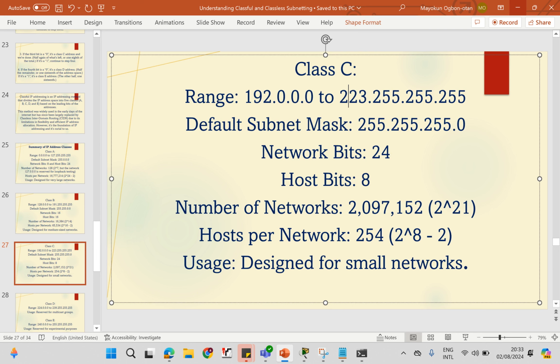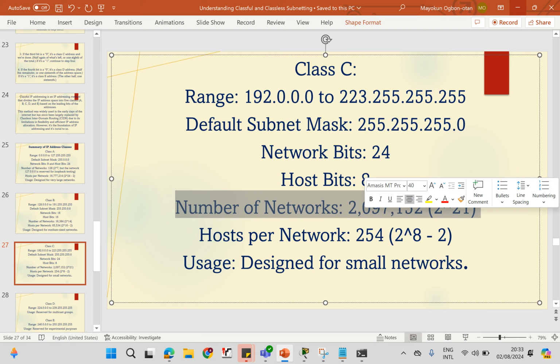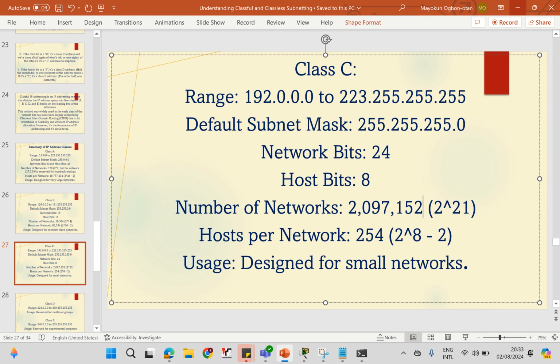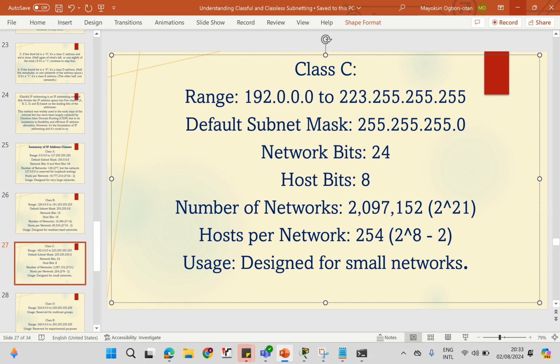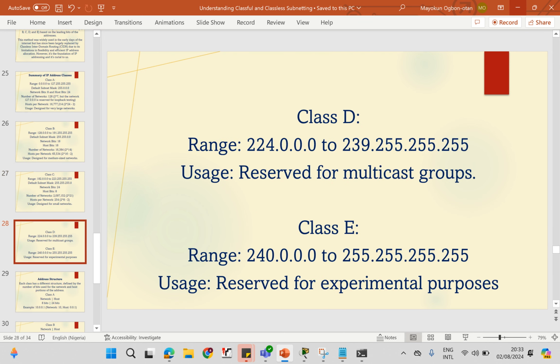The network bit is 24, host bit is 8, and then the number of networks is 2,097,152, and hosts per network is 254. You see there is -2. It's designed for small networks. Class D, 224, is reserved for multicast groups, and this is reserved for experimental. That's Class E.